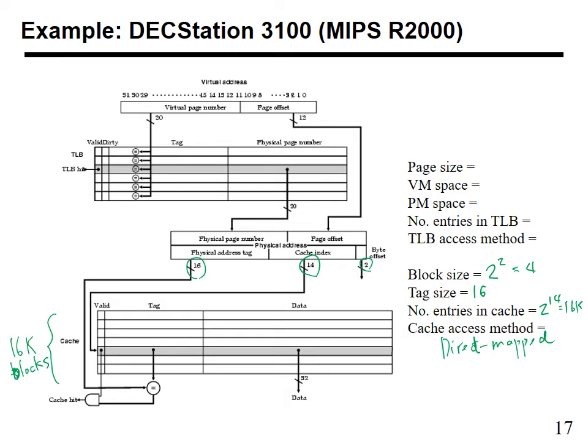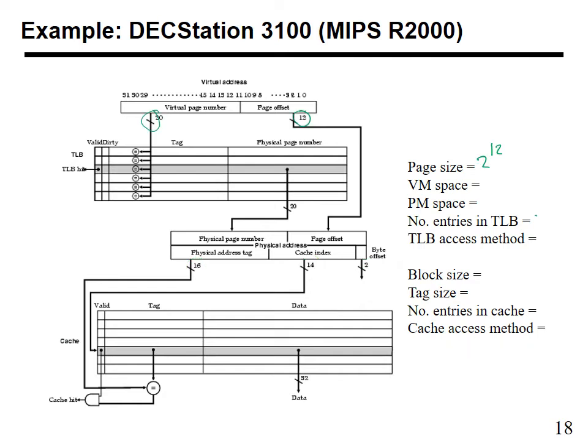So let us look at the virtual memory system on the top. What is the page size, what is the virtual memory space, the physical memory space, the number of entries in the TLB, and what is the TLB access method.